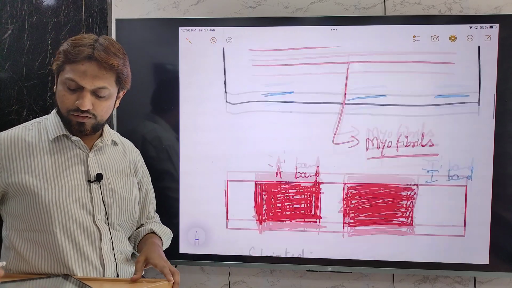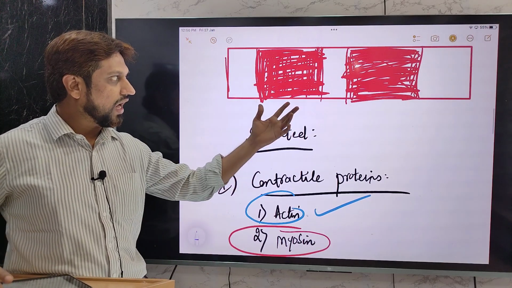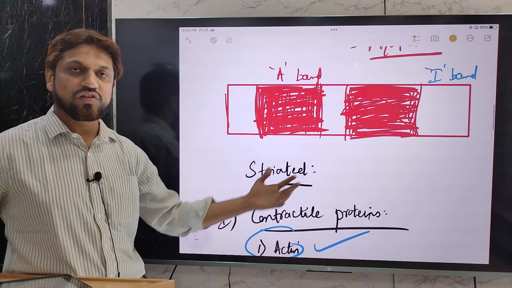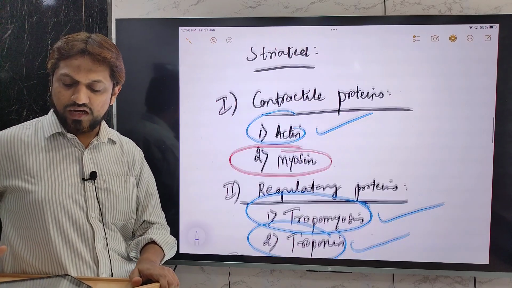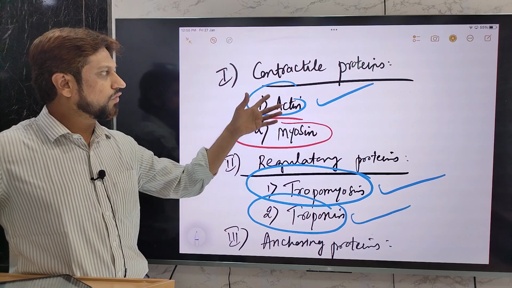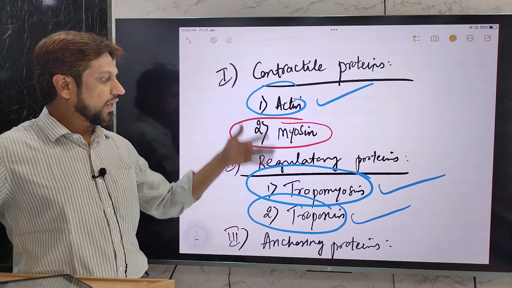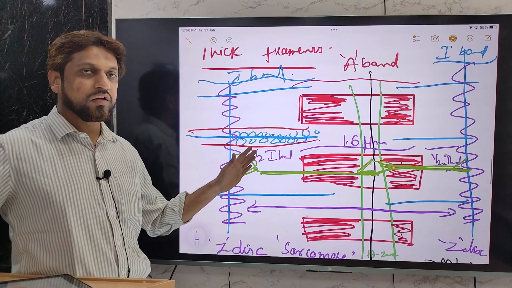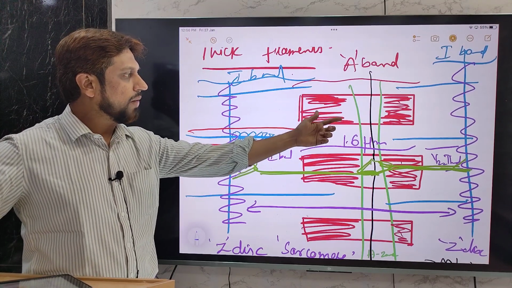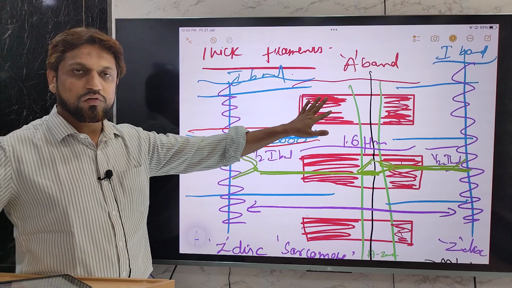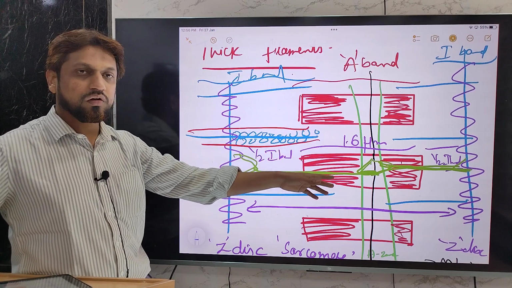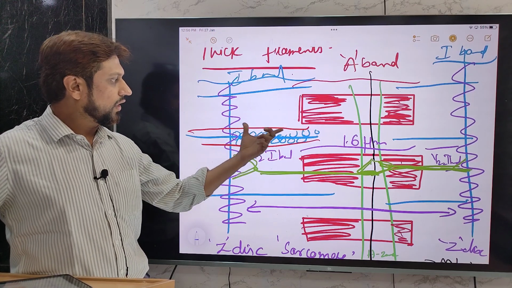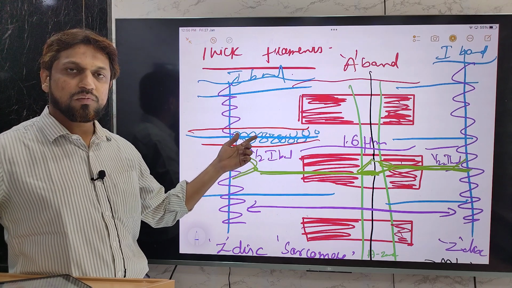The myofibrils have alternate light and dark bands, which cause the striations in skeletal muscle, and they are mainly made up of proteins like actin and myosin. In the darker A band, myosin molecules are present. We have discussed the structure of myosin also, and in the light band, actin, tropomyosin and troponin molecules are present.